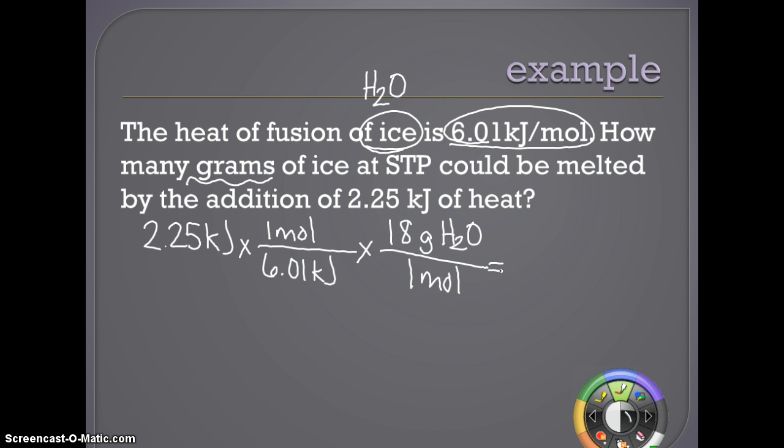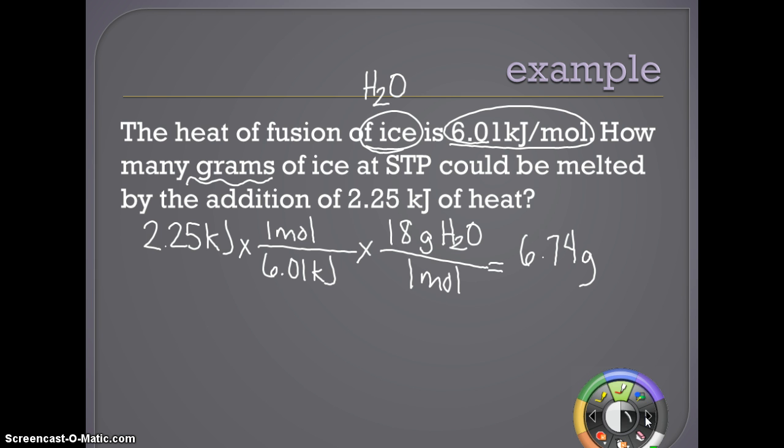So 2.25 divided by 6.01 times 18. That means we can melt 6.74 grams of ice by adding 2.25 kilojoules of heat.